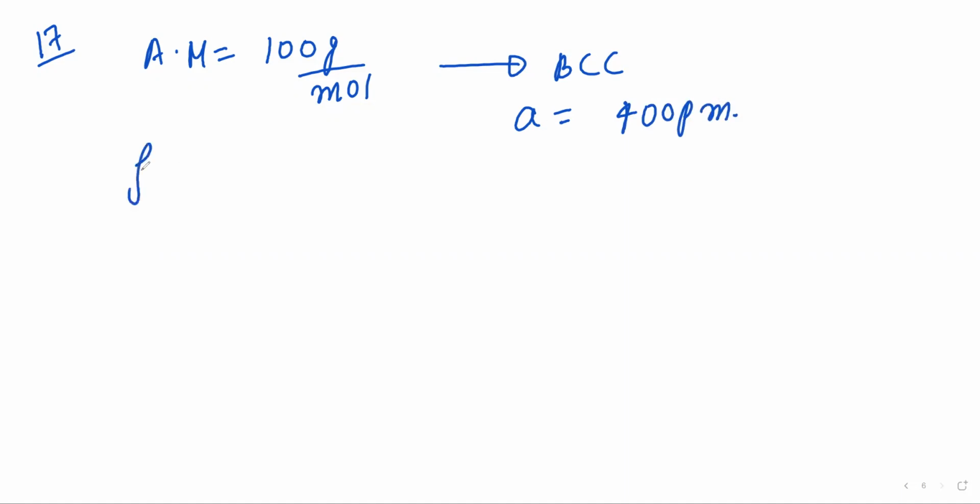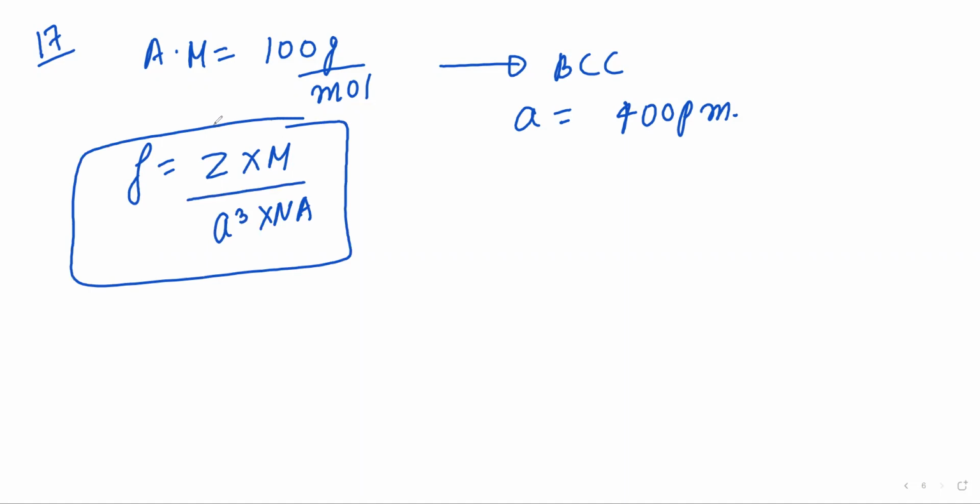Density of the element. So density equal to Z into M divided by a cube into Na. So this formula we know for the density, right? So for BCC, Z will be 2. So put here.